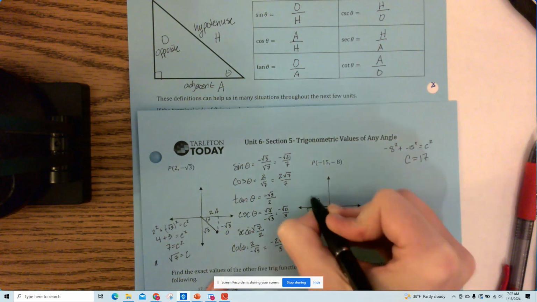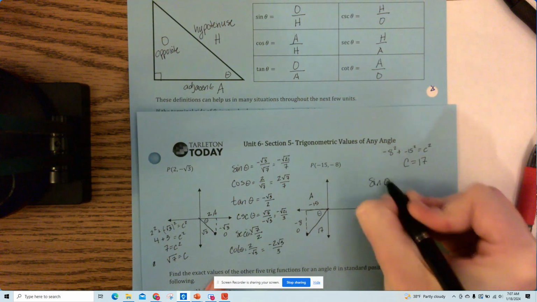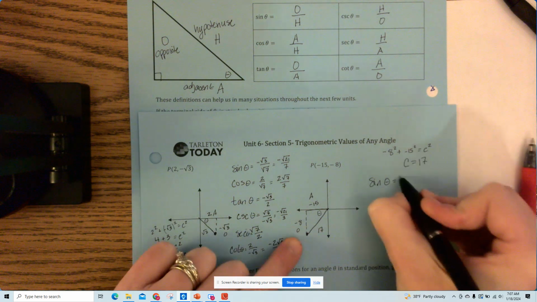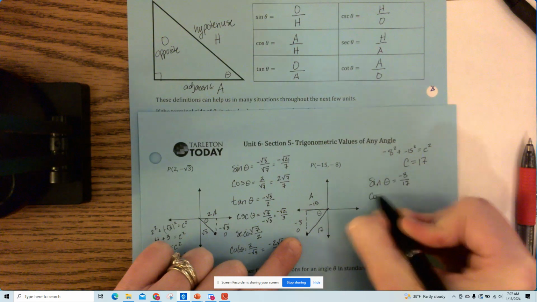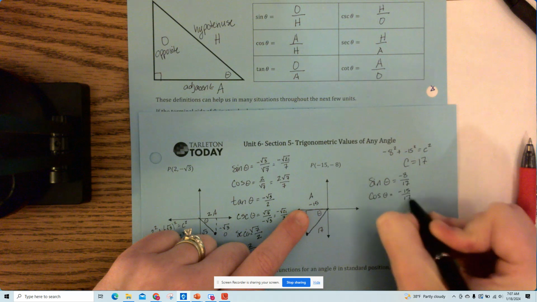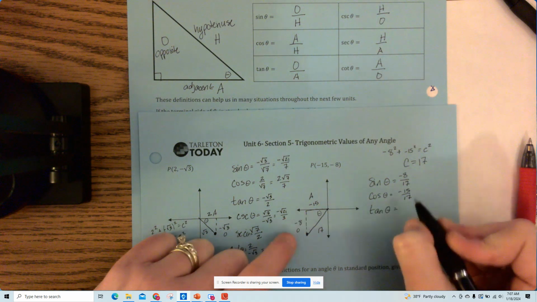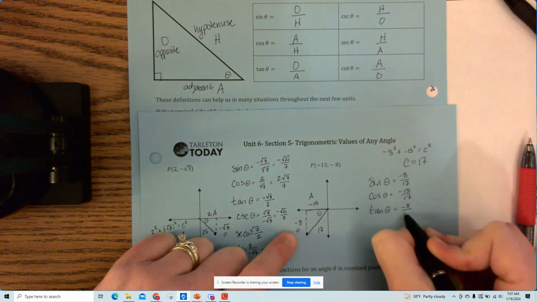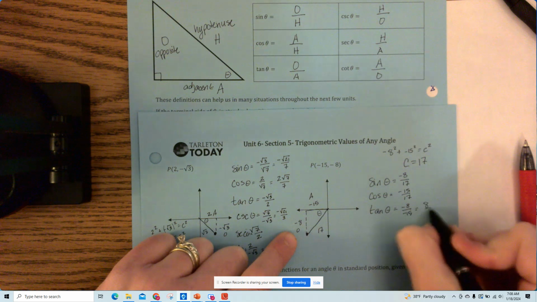So this is opposite. This is adjacent. So one more time through these. Sine of an angle is opposite over hypotenuse. Cosine is adjacent over hypotenuse. Tangent is opposite over adjacent, which the negatives would cancel out.